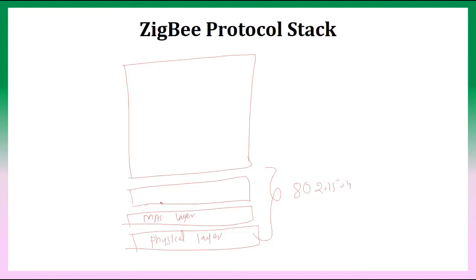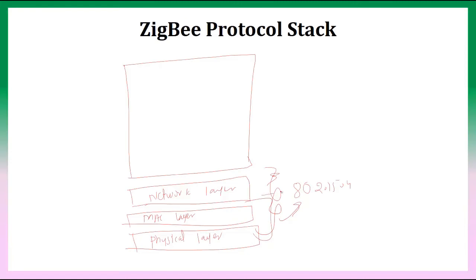If you know it logically, then you could put it into a picture. Whatever we have talked about, physical, MAC and network, I could not say network layer, I'm sorry about that. Only two layers will be supported by 802.15.4. There are only these two: the MAC and the physical layer, supported by IEEE 802.15.4.